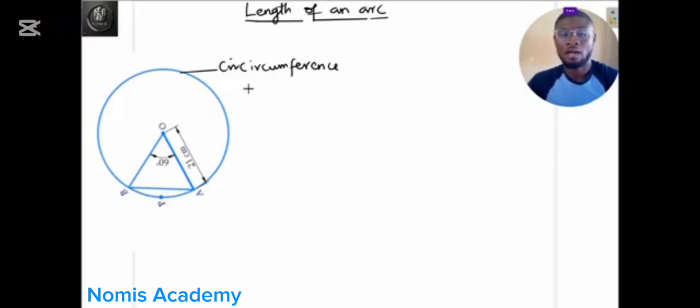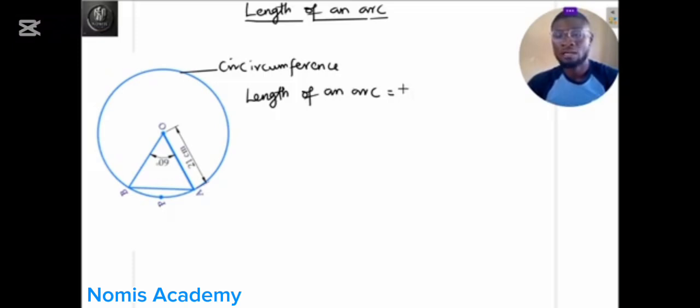Length of an arc is given by the angle subtended by a sector cutting out that arc from the circumference of a circle multiplied by the circumference of the circle. This is what I'm talking about.